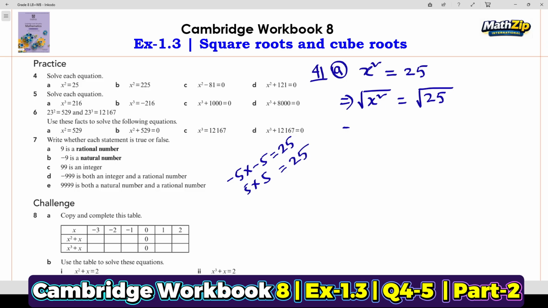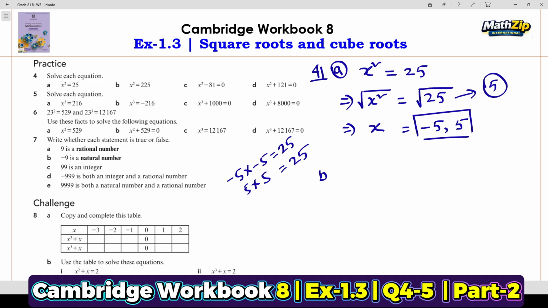So the square root of x squared is x, and this number will be either minus 5 or plus 5. It will never be only 5. You should write minus 5 and plus 5.